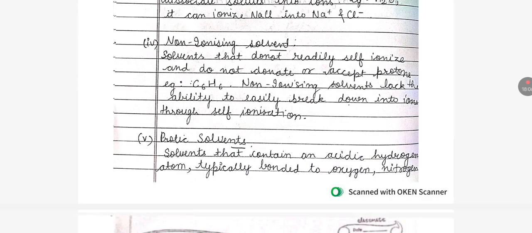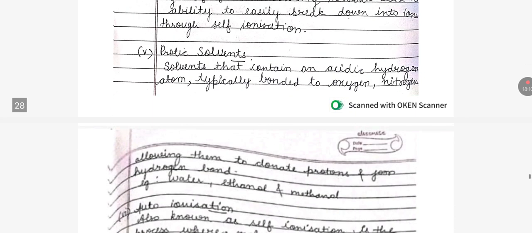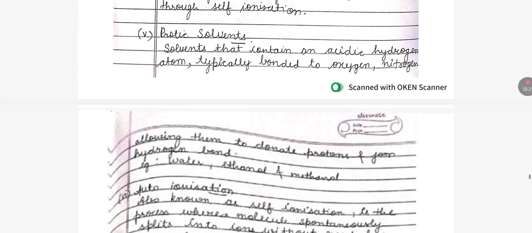Non-ionizing solvents lack the ability to easily break down into ions through self-ionization. Protic solvents: solvents that contain an acidic hydrogen atom, typically bonded to oxygen or nitrogen, allowing them to donate proton and form hydrogen bond.